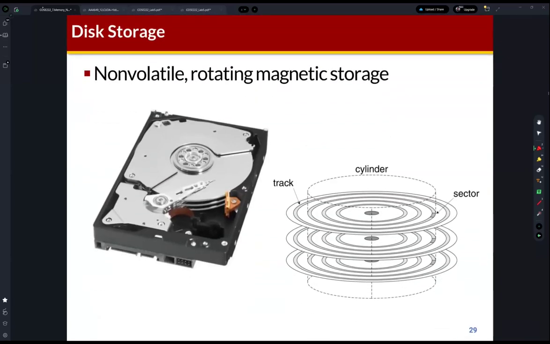Then, as I mentioned, we can also use the hard disk drive. The hard disk drive looks like this. Inside a hard disk drive, there are multiple platters. The data is stored on the surface of a platter. So you can find the multiple platters here. Then, using this arm, the head of the arm.